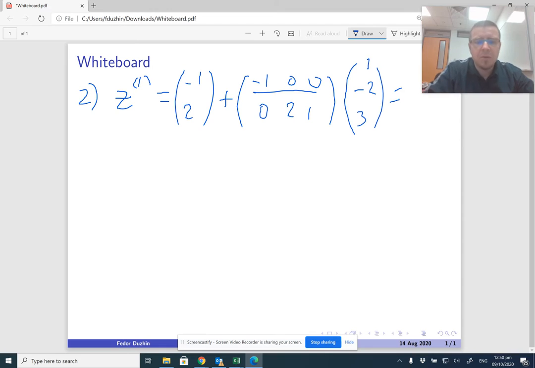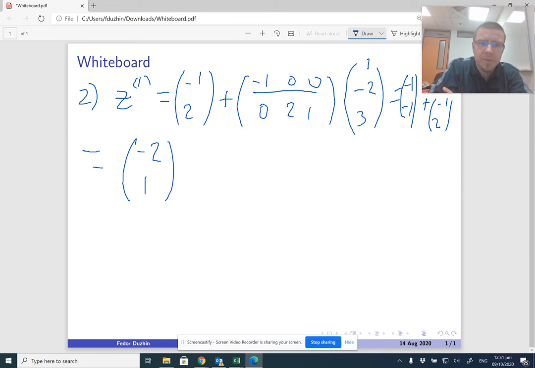The first row of the matrix times the input is -1, plus 0, plus 0. And the second row is 0 times -1, so -4 plus 3, so -1. Plus the bias vector is -1, 2. And this is -2, and 2 minus 1 is 1.